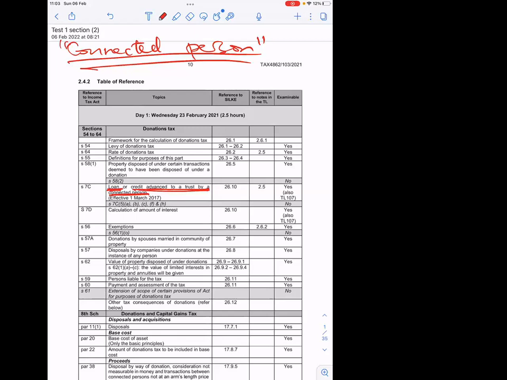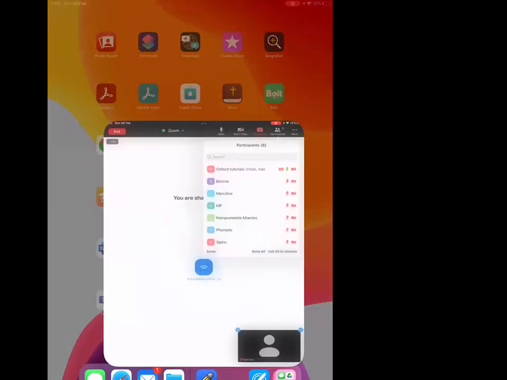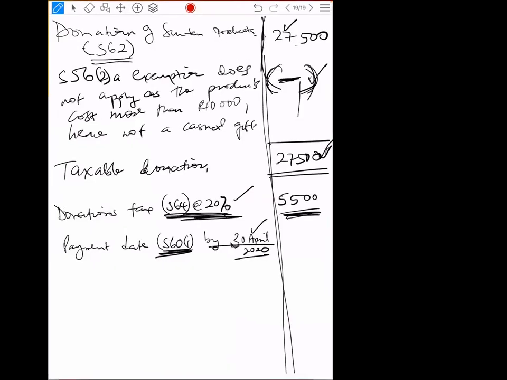Now, what do you mean by this? Trust, good people. You're not yet on the topic of trusts here, but you must know what a trust is. A trust is created for the benefit of beneficiaries. Let's say we put a person there. He wants to create a trust for his children. You create a trust that is going to be administered by the trustees.